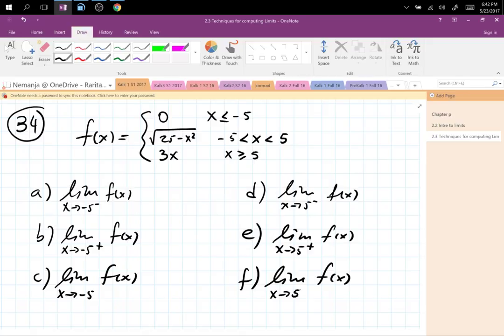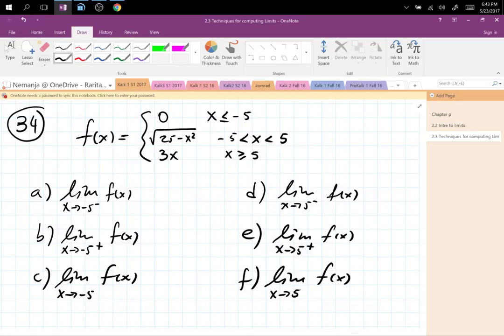So we have -5 and +5 as important values. And if you look, before -5, the function is always 0. And then it's the upper half of the circle, going also through 5.